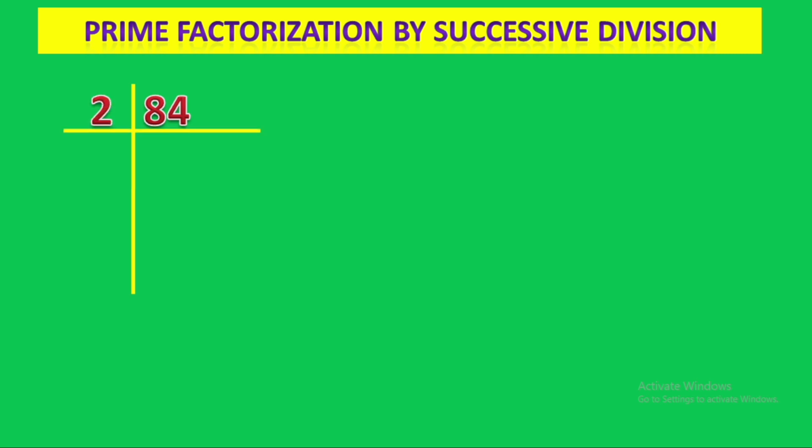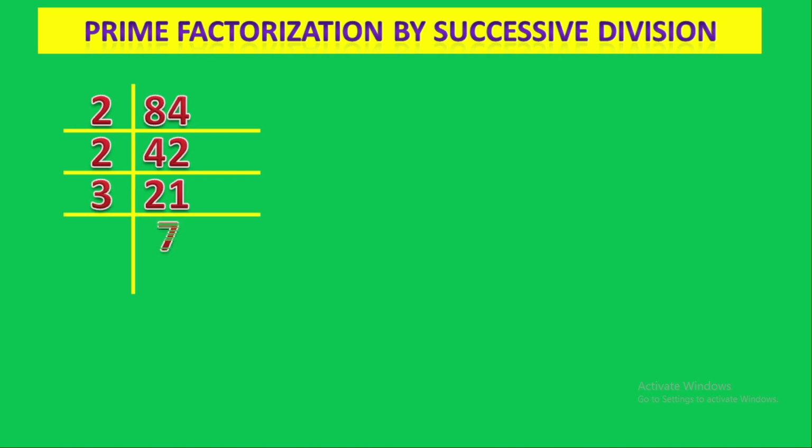When we divide it by 2, we get 42. Again it will go by 2. So we get 21. Now this time it will go by 3. So we get, 3 sevens are 21. Then 7 is also a prime number, so it will go by 7. 7 ones are 7.